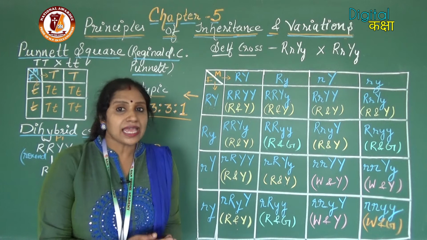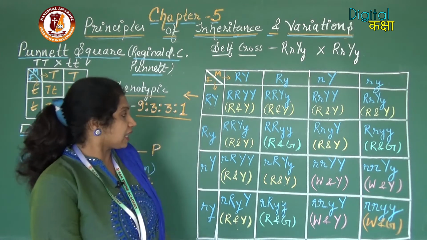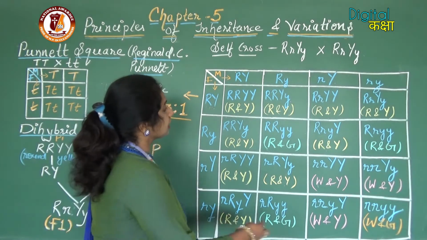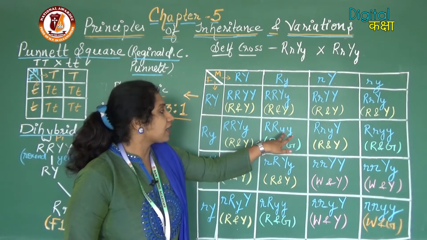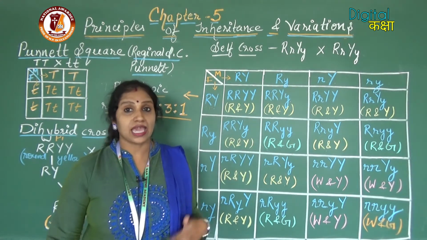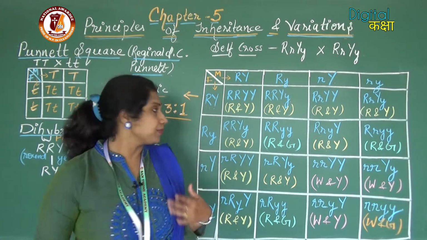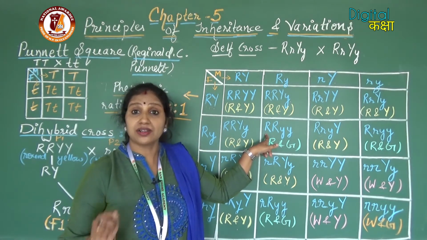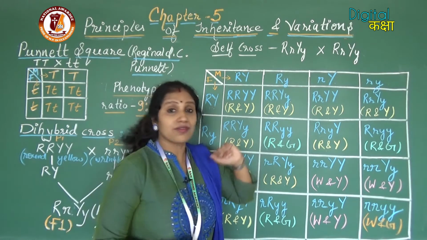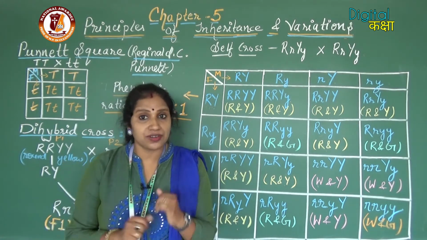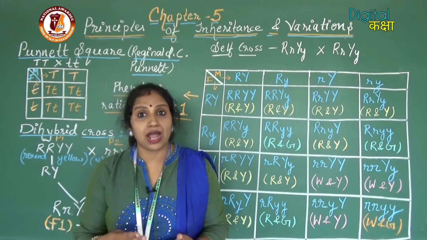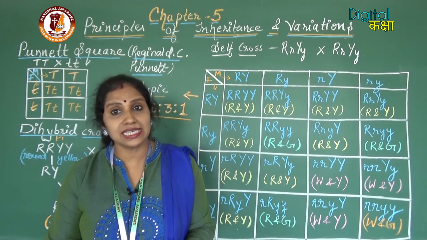The next combination, let us see. Here you can see that there is capital R and small y. Capital R means round seeds, small y means green. So here a different combination has come, round and green seeds.